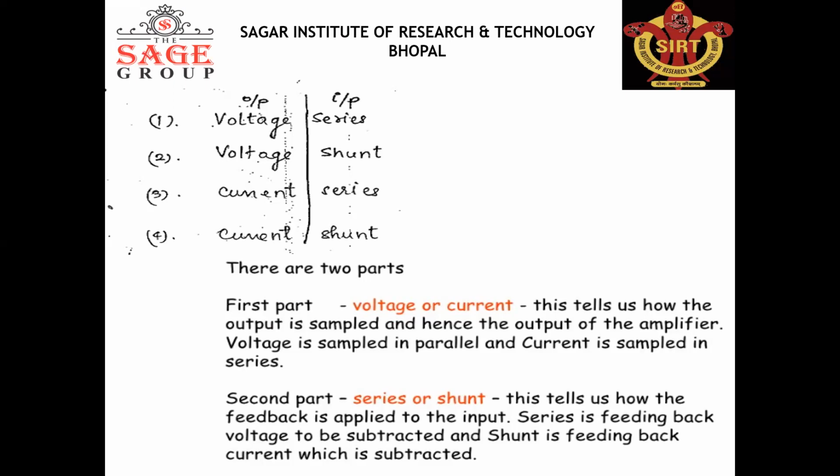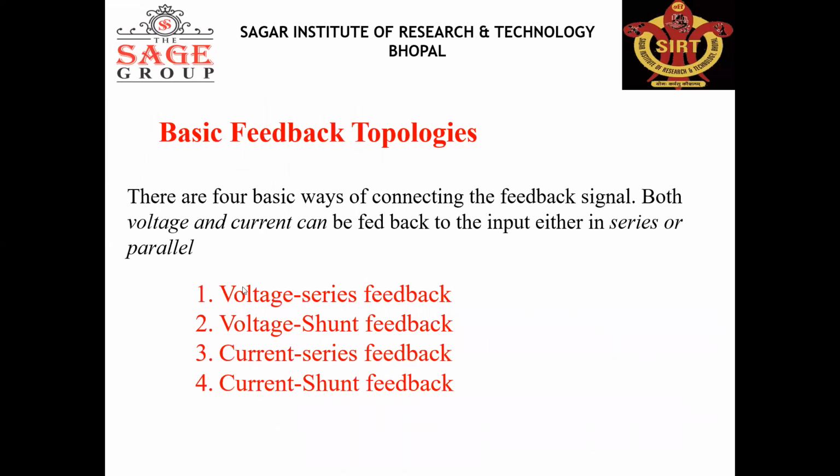If there is series at the input side, it means mixing is done in series. The first part of the topology shows the sampling, and the second part of the topology shows the mixing.